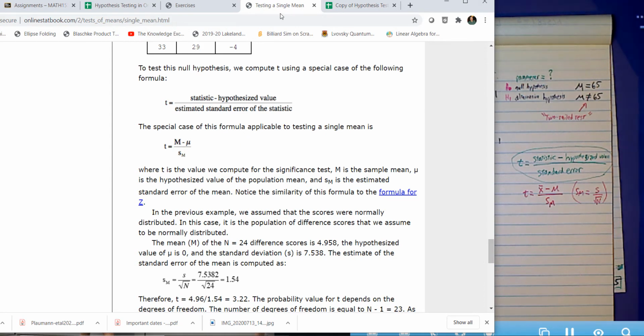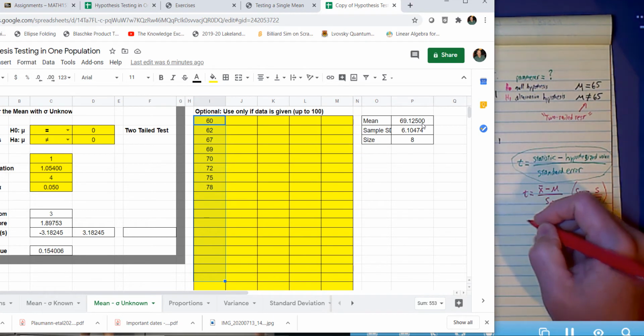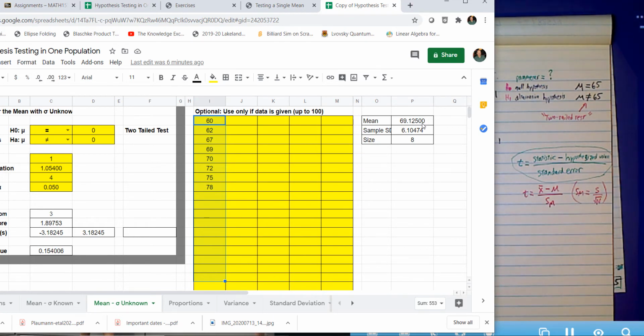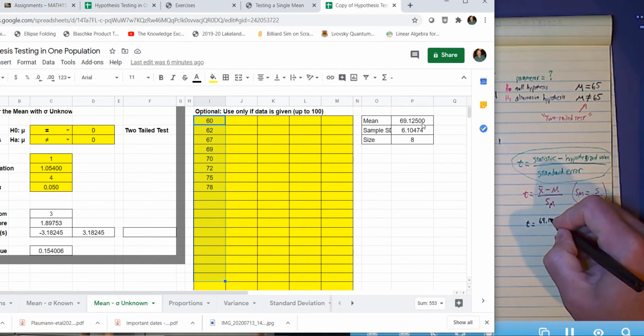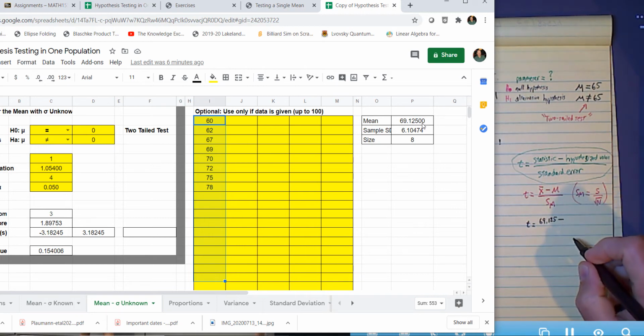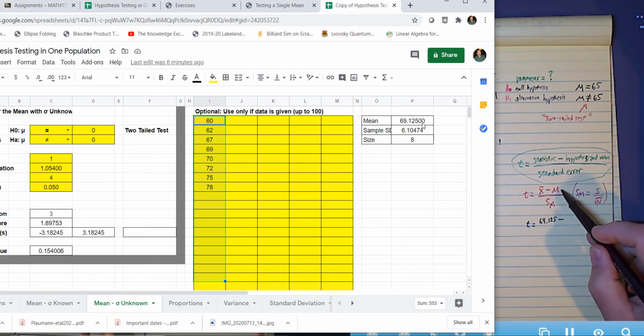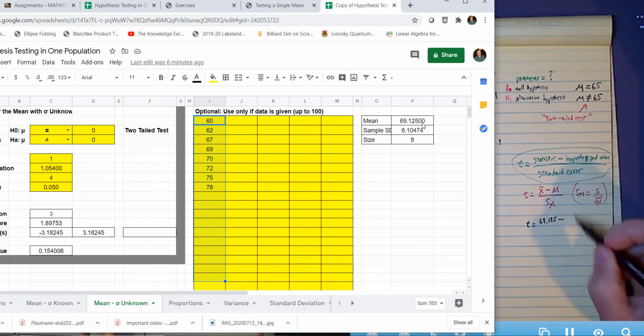Okay? And so if I want to compute my statistic t to see where it is, I have some of these values now. So the sample mean is 69.125. So in my case, I could write down t equals 69.125 minus mu. What we do when we do a hypothesis test is we pretend we know the mean, or we pretend that the hypothesis is true.